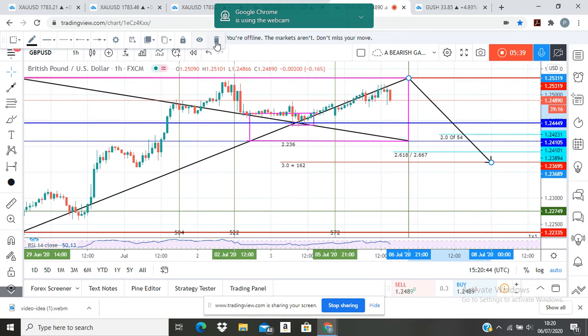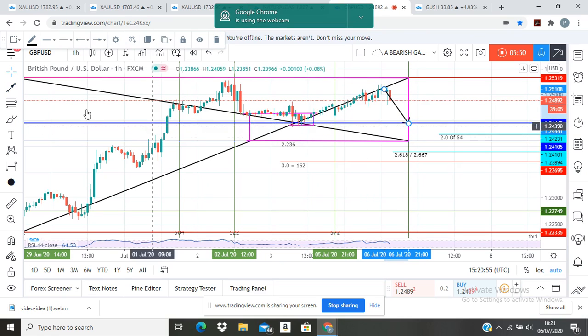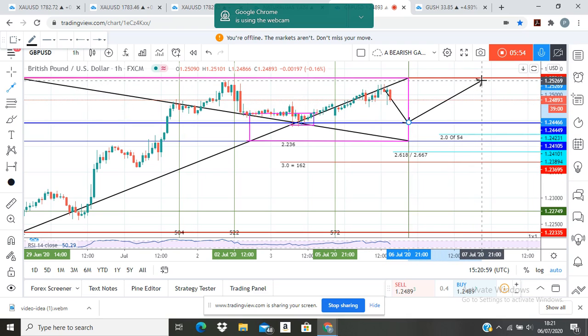Or otherwise, if the price will just come down into the spiral, like it will come from here, let's say it will come into the spiral this way, then we can expect a wave to go this direction again up.